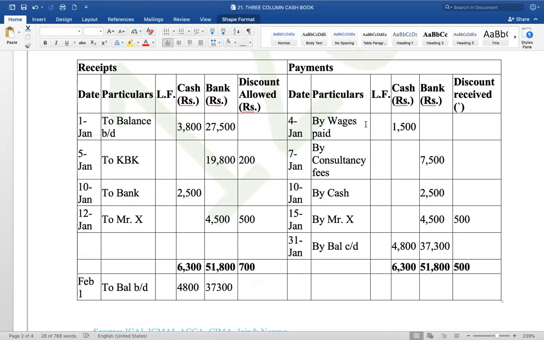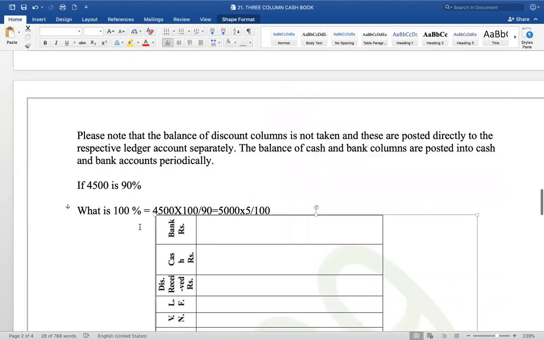So how many columns totally for triple column cash book? Date, particulars, receipt number, voucher number, ledger folio, cash column, bank column, discount column. Now in all these, I have deleted the receipt number column. For convenience sake, I have deleted this. But you can see the format here.